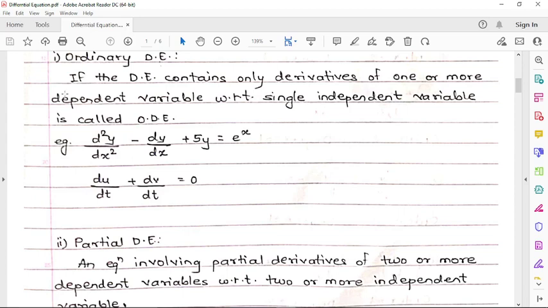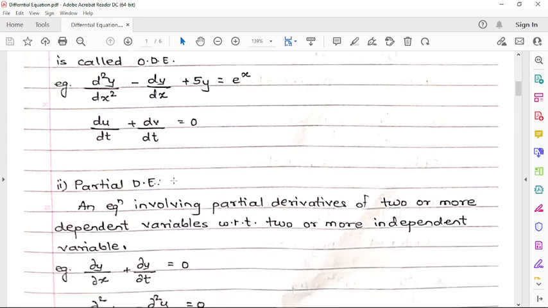There is no restriction on the dependent variable; it may be 1 or more than 1. In the first equation only one dependent variable is there, and in the second, two dependent variables are there. So there is no restriction on the number of dependent variables, but the independent variable must be single.